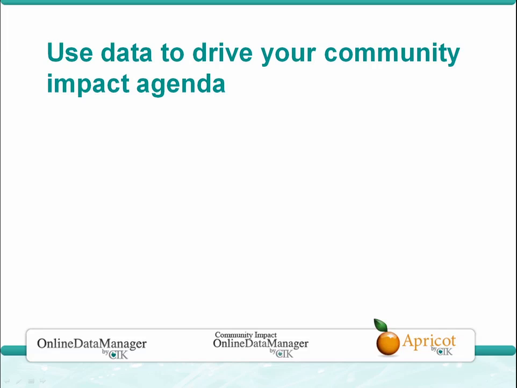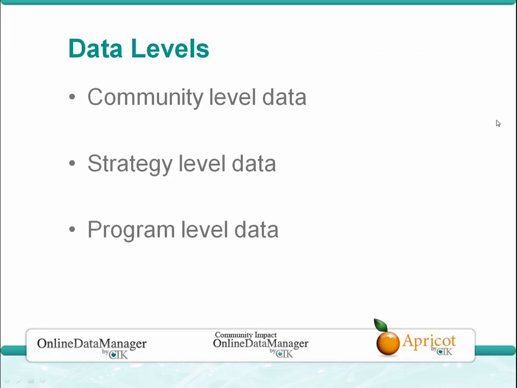Okay, to now give you an example and walk through how we begin to use data to do this effectively. Data, again, has 3 levels: community level data, strategy level data, and program level data. And you need to be able to collect information at all 3 levels. At the community level, again, you're looking at the North Stars that you're setting for the work you're going to do.